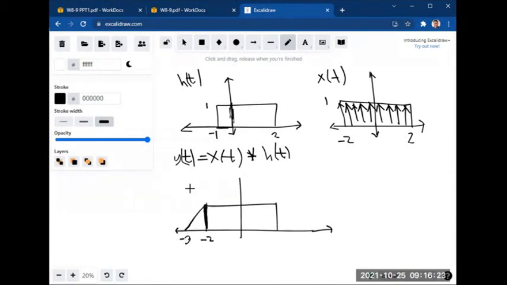So the impulse response does not know that the input signal will start from -2. Since -2 is activated, the voltage from -3 will slowly rise until the input signal has a pulse at -2. And then 1 times 1, so 1, 1, 1, until we reach 2.